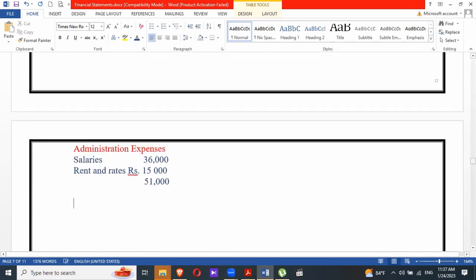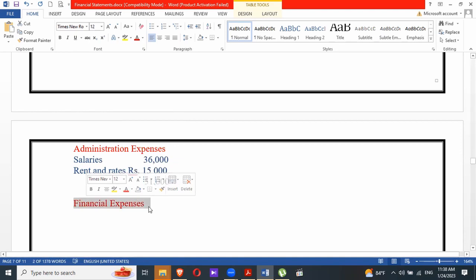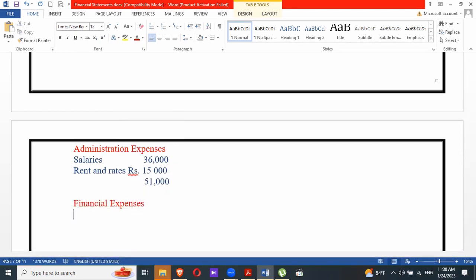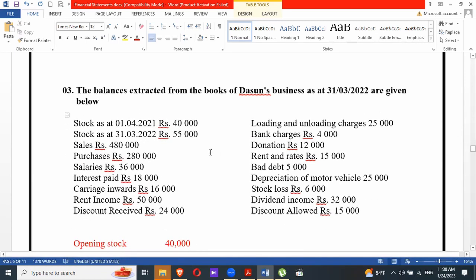Then next one, according to the question, financial expenses, right? Next one, financial expenses. Under the financial expenses, we'll see what are the things comes under financial expenses according to this question. Interest paid we can take under financial.